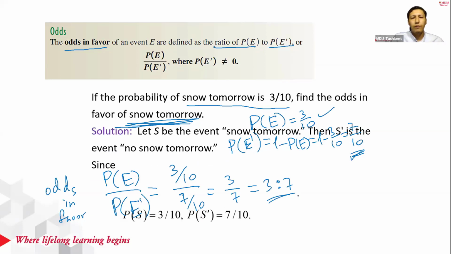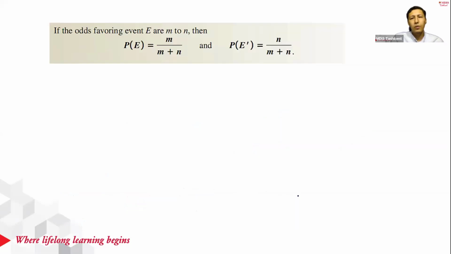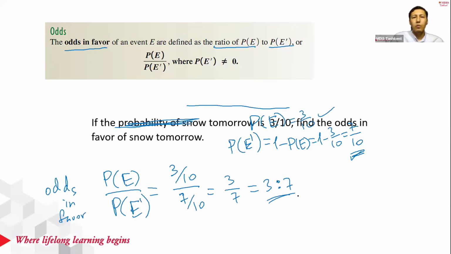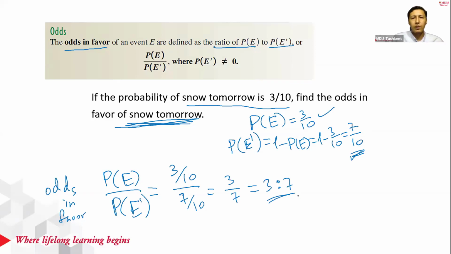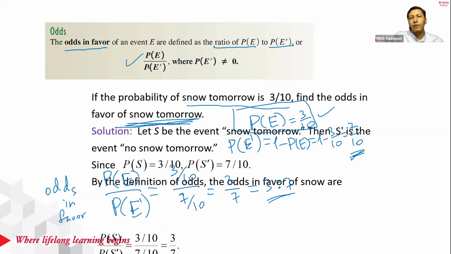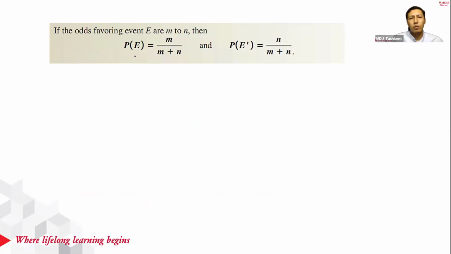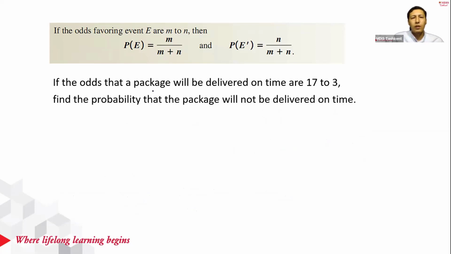So next we have the opposite. Here the probability is given and you have to find the odds in favor. With this formula, if odds in favor is given and you have to find the probabilities, then you can use these two formulas. For example, if the odds that the package will be delivered on time are 17 to 3, so delivered on time and not delivered on time, the ratio is equal to 17 to 3.